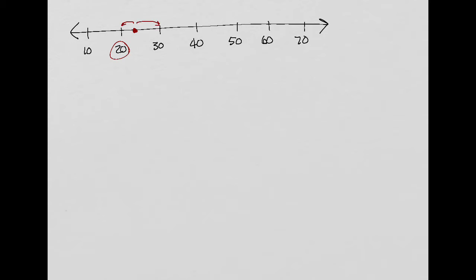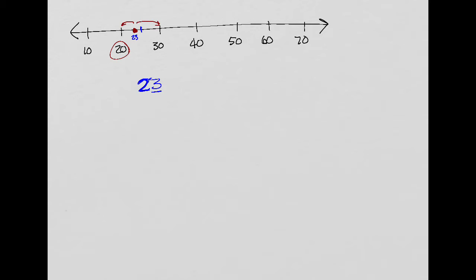So what was that original number? Let's find out what it could be. So here would be halfway, that would be 25. So let's say that was 23. And now let's go through the process that we just did. So 23, and I want to round it to the nearest tens place. So I look at the number after it.